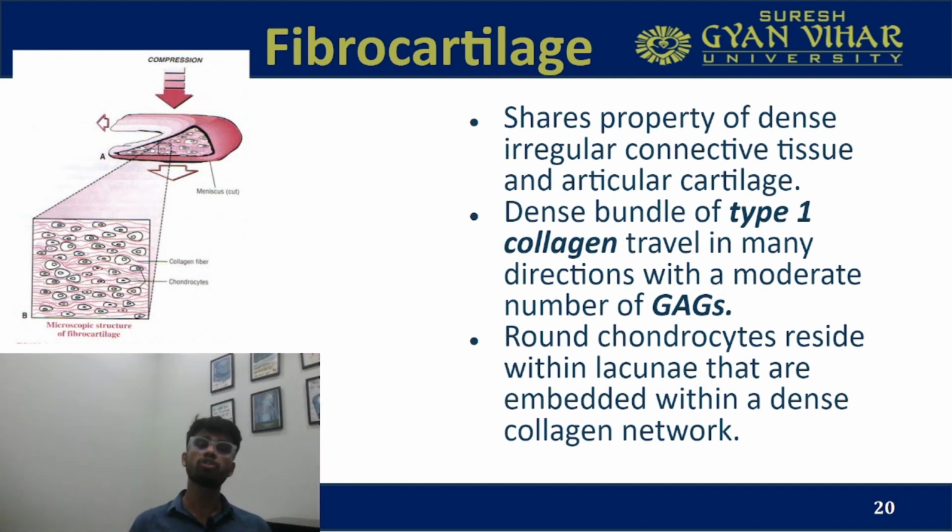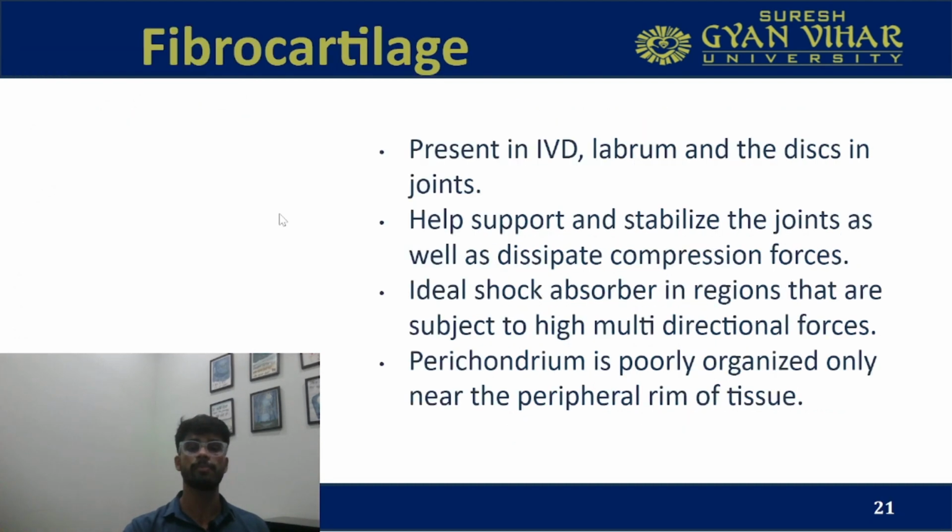Round chondrocytes are present within the lacunae. As you can see over here, this is a lacunae. In between this lacunae, chondrocytes are present. The matrix is composed of type 1 collagen fibers, which gives it the property of rigidity, and there are chondrocytes with GAGs which give the shock absorption capacity to this fibrocartilage.